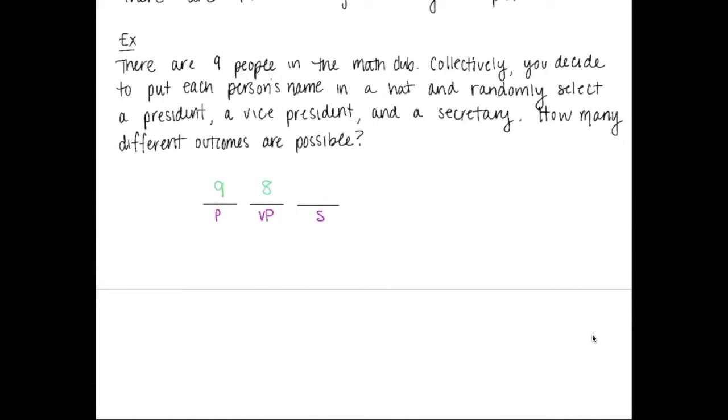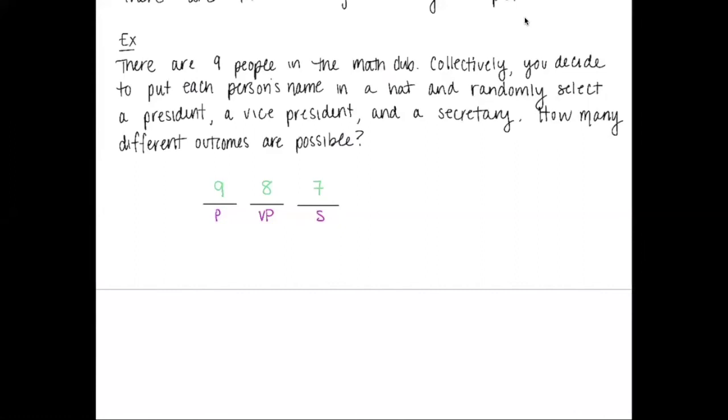I've now picked my vice president. I have 7 people remaining for secretary. And so if we multiply these, that's 9 times 8 times 7, which is 504 possible outcomes.